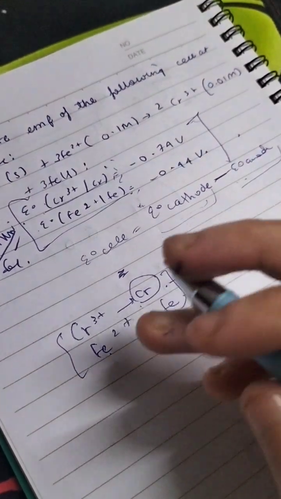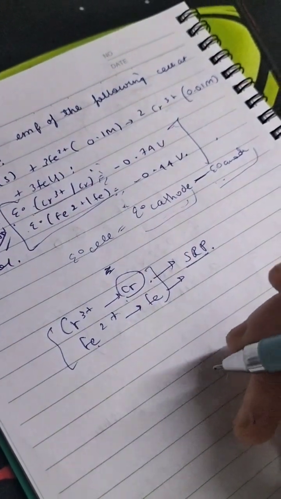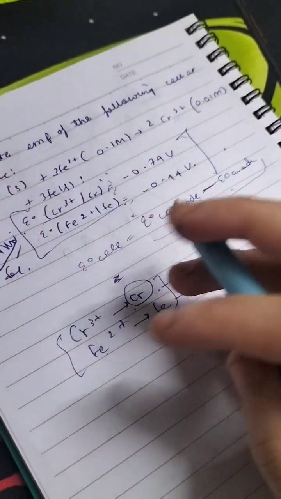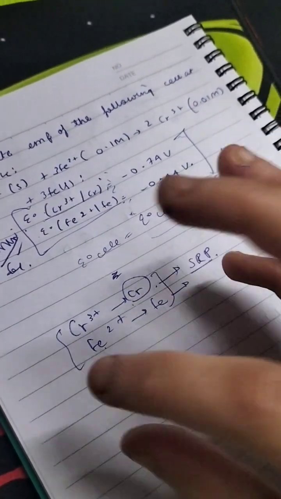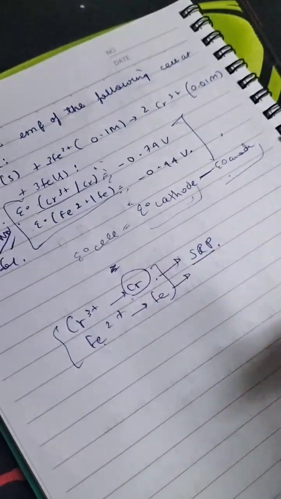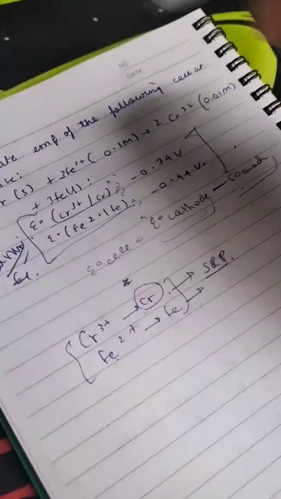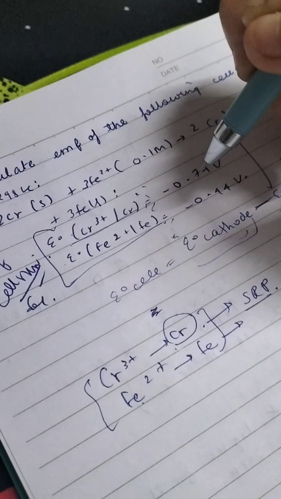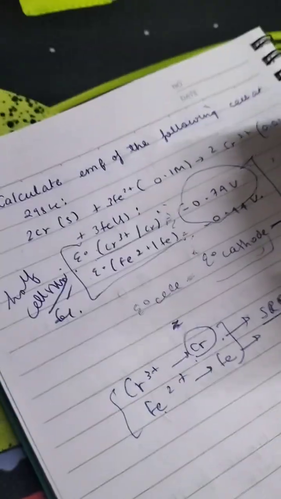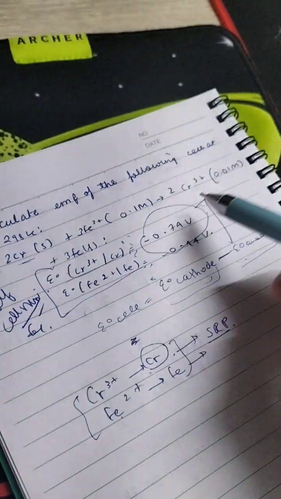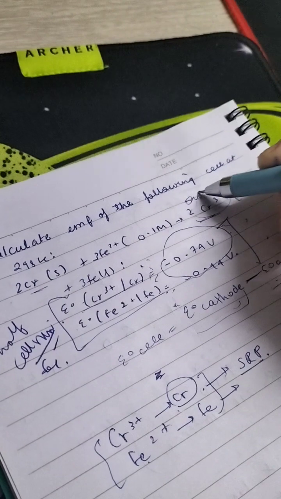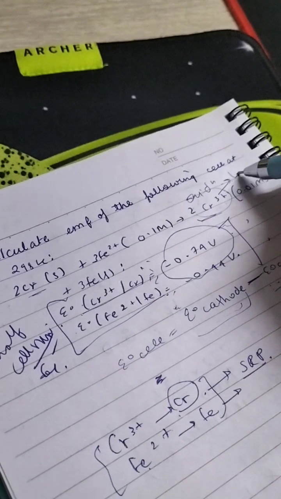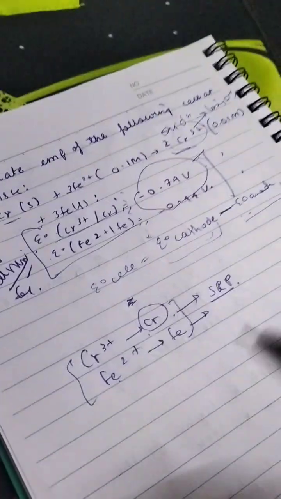So what we have to do is find out which one is supposed to be taken as the anode, right? And according to this, we have to take this as the anode because, as you can see, 2Cr is converted to Cr3 plus, right? So it is oxidizing because it is losing electrons.